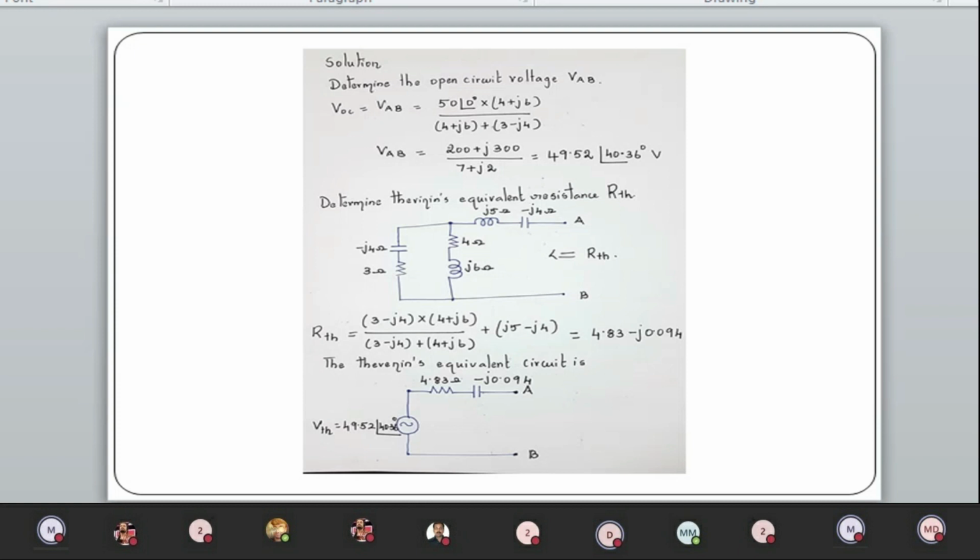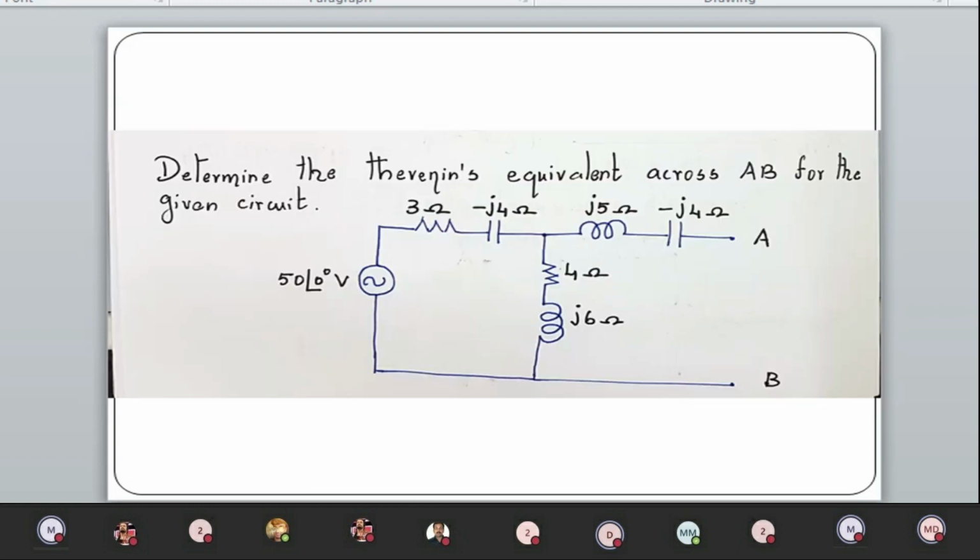You can also use Kirchhoff's voltage law: find the current first, I equal to V by Z, that is 50 divided by (7 plus J2), and after that determine the drop across 4 plus J6. That will be too complex. Instead, directly use the voltage division rule, which helps reduce time. You can solve it in 30 seconds hardly.